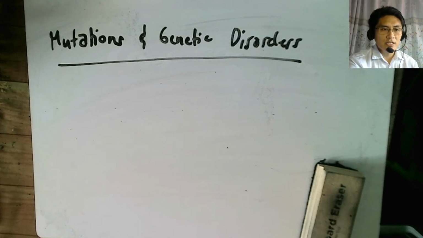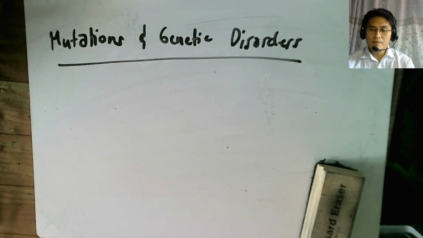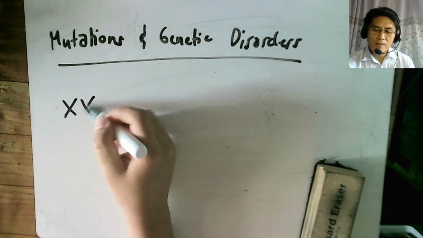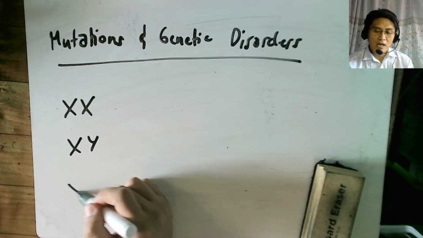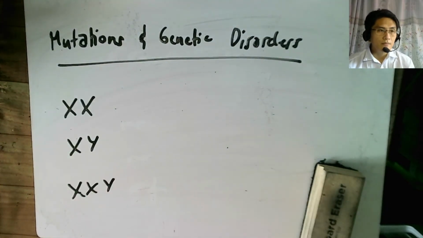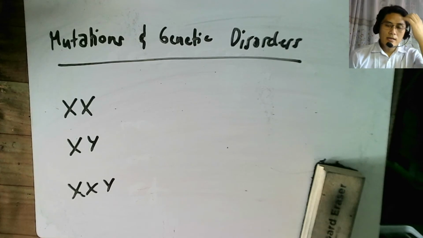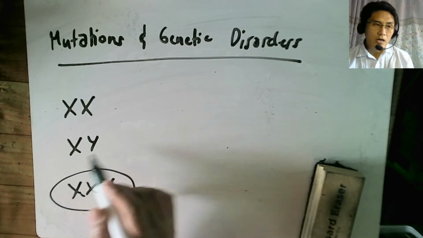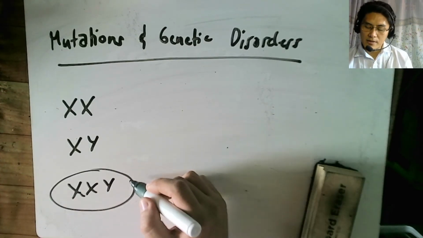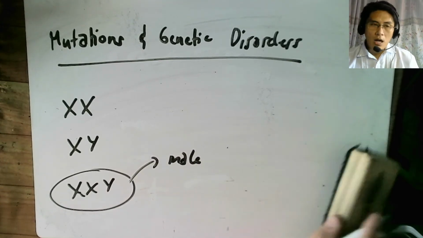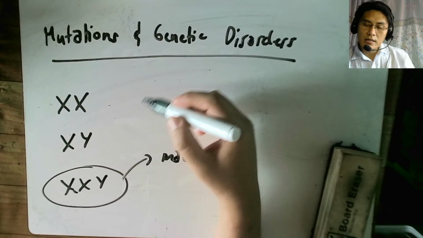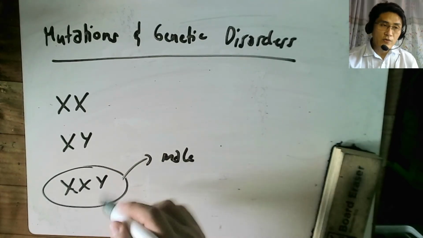Now this is really interesting because instead of, for example, being a female, which has XX, or being a male, which is XY, these people have XXY. Okay, and so first question: are they males or females? They are males because scientists decided a long time ago how to define male.